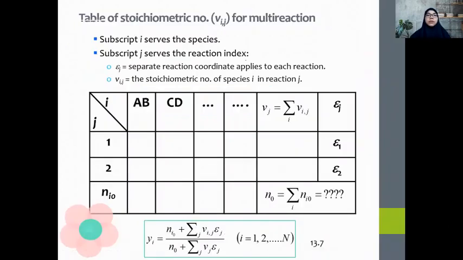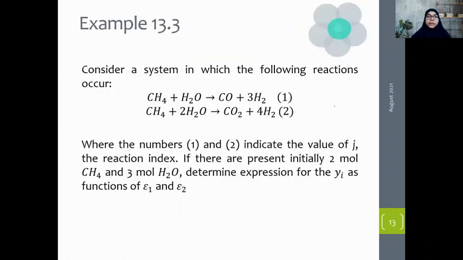Okay, this is the summary, or the table, of the stoichiometric numbers for multiple reactions. For example, if we have 2 reactions, we list the species by tabulating them into the table, and then we insert the stoichiometric numbers, and then determine the initial number of moles, and then finally we can obtain the total number of moles, and by inserting all these values into this expression, we obtain the mole fraction.